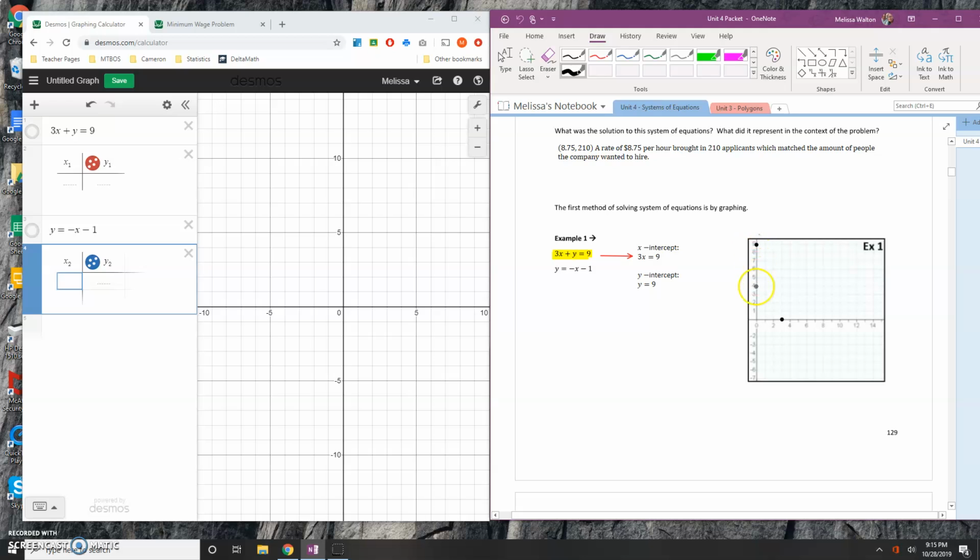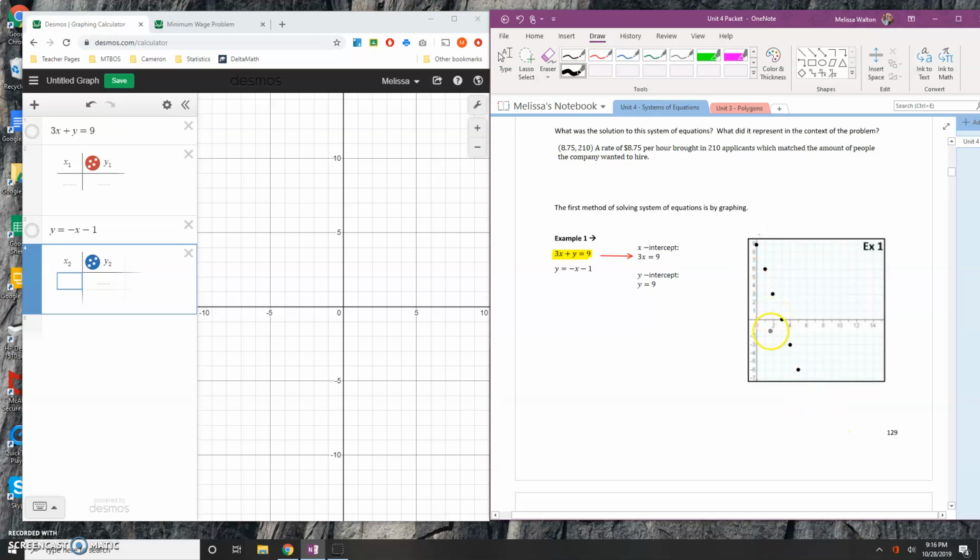Now looking at this, I went down 9 over 3. That would mean I have a slope of negative 3. So down 3 over 1, and continuing on with that pattern. Now I do know that it only takes 2 points to make a line. However, we don't know where our intersection is going to be.